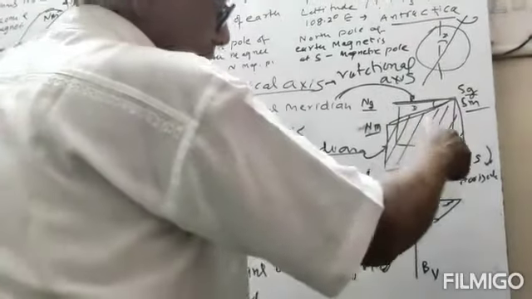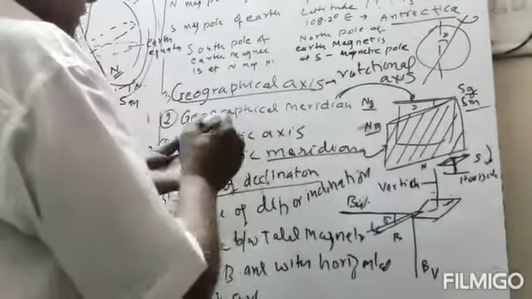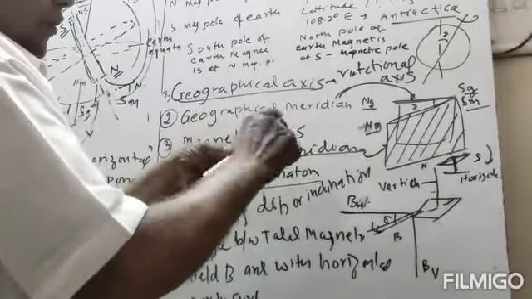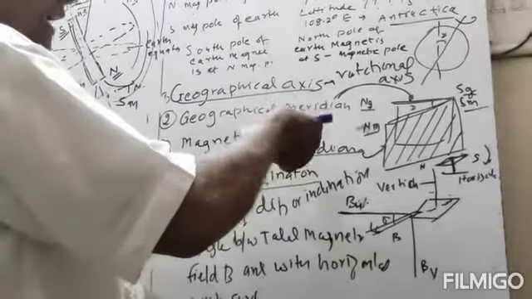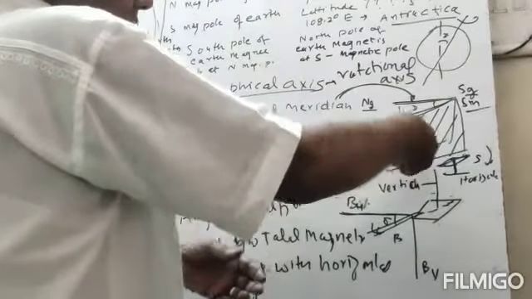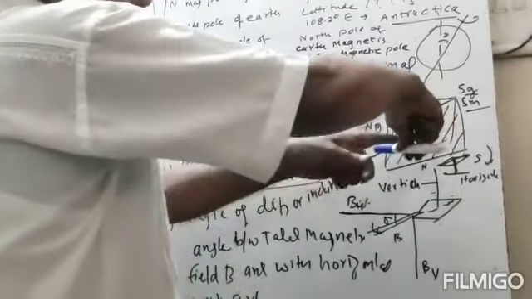Here when we suspend it, suppose this is the magnetic needle, this is the north pole, this is south, and if it can rotate like this, it will be stable only in the north and south direction.